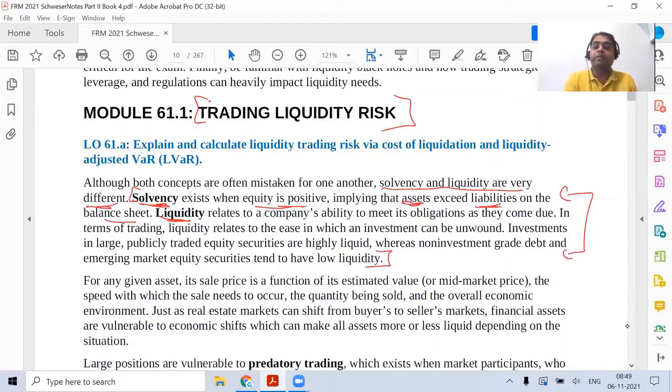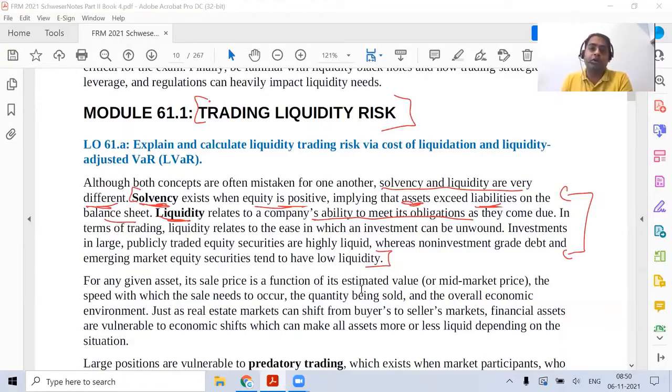Because liquidity primarily means that the company should be able to pay back on its obligations whenever they arise. So that is the basic idea about liquidity. The first paragraph primarily focuses on the point that if you are solvent, that does not mean you also have liquidity. Hence, a lot of companies have different ratios to identify whether the company has a sufficient amount of liquidity or not.